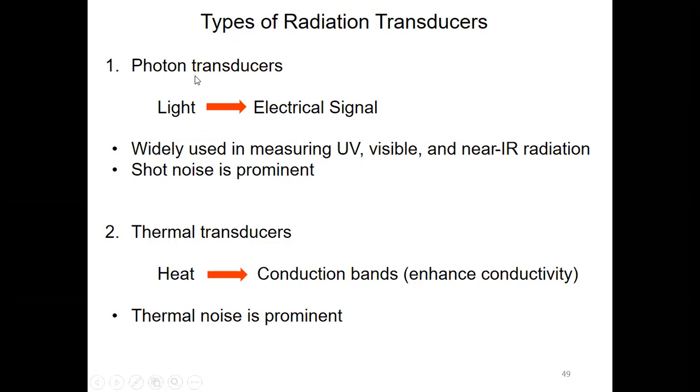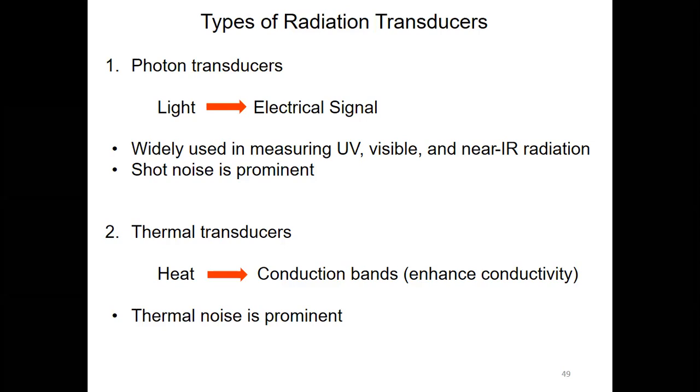Right? So the photon transducers are widely used when we measure UV, visible and near IR radiation. And there's some noise, shot noise. We learned about the shot noise. So the shot noise is prominent in the photon transducer.